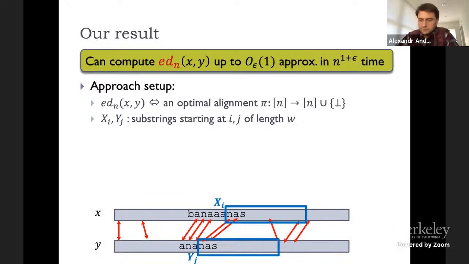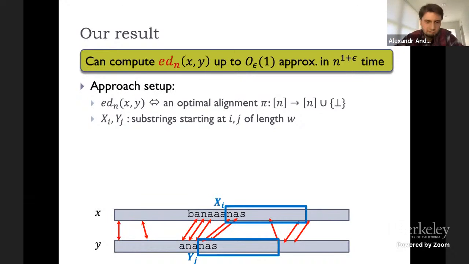Part two is that what the prior approaches, and what we will be doing, is looking at substrings. Think of this as the foundation of doing something iteratively: we do something for shorter substrings of x and y, then for longer substrings, and so forth, until we get to the entire strings x and y.